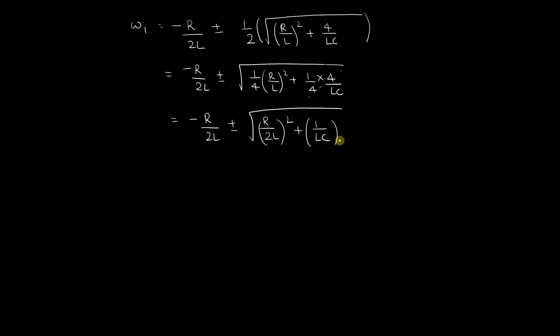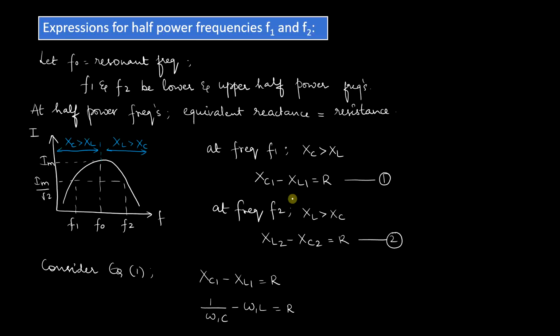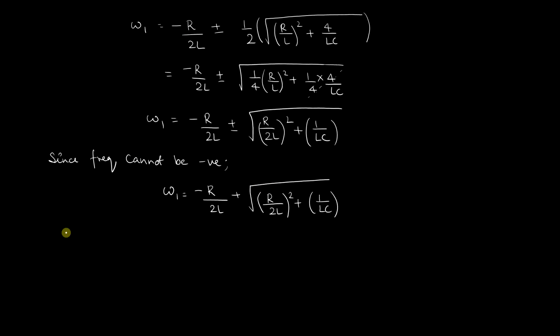Now if you see, the expression is having a negative sign here and frequencies cannot be negative. So you can eliminate this negative sign. We want the expression in terms of frequency, and we know that omega is equal to 2 pi f.